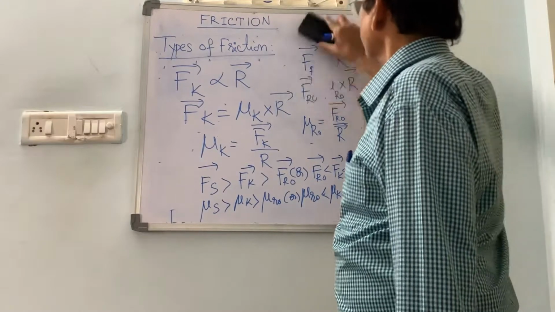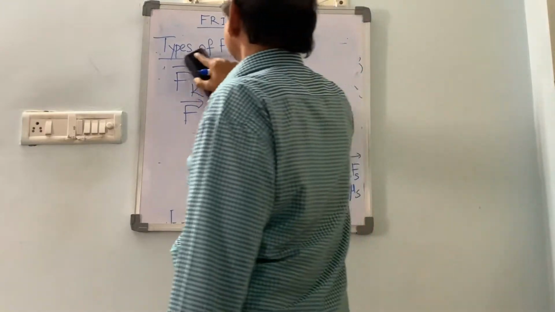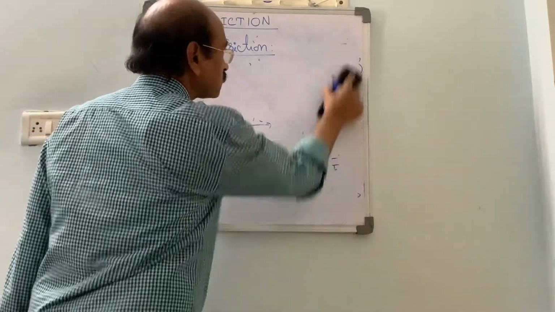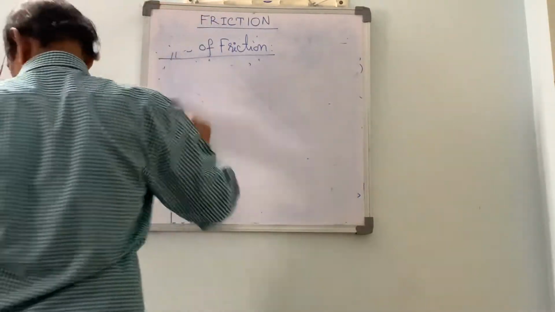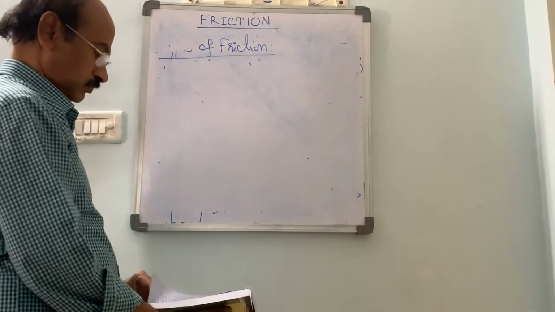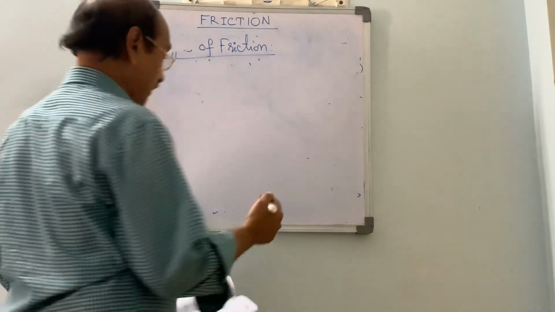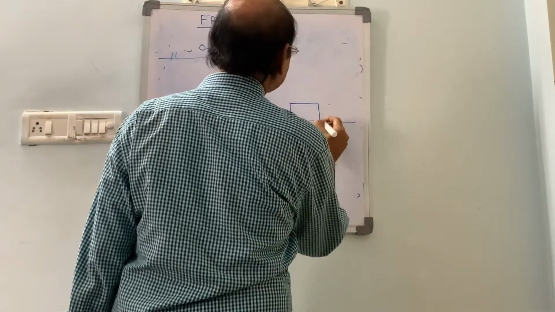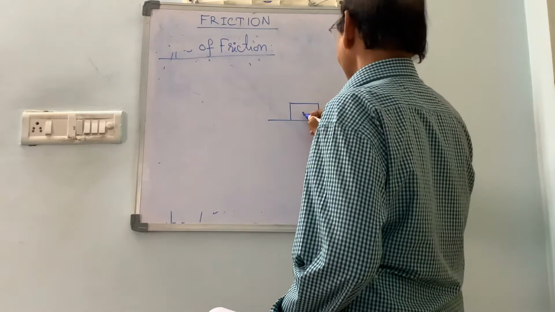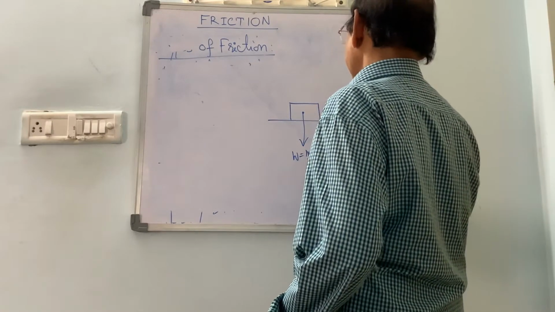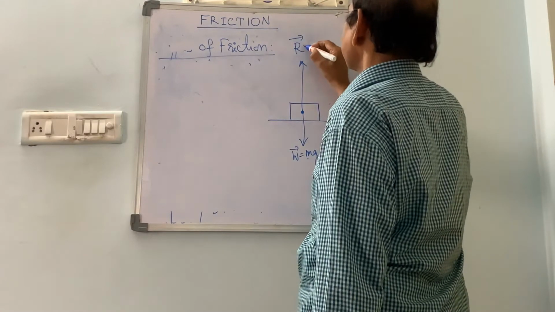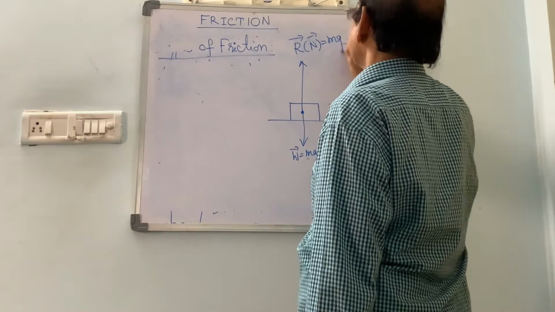Now we learn about the angle of friction. Consider a body of mass m lying on a horizontal surface, and its weight acts vertically downward, which is balanced by the normal reaction force R bar, so R bar is equal to mg.